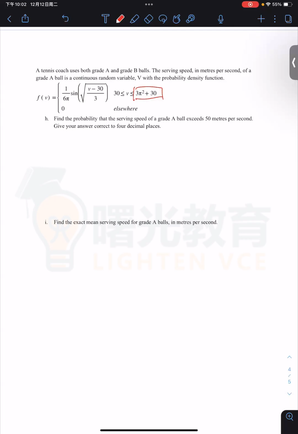Then here, 50 meters per second is the lower bound. So you are looking from 50 meters per second to the upper bound, 3 pi squared plus 30, and over this, f(v) dv, doing the definite integral. So use your CAS, find the answer, and round to 4 decimal places: 0.1345.